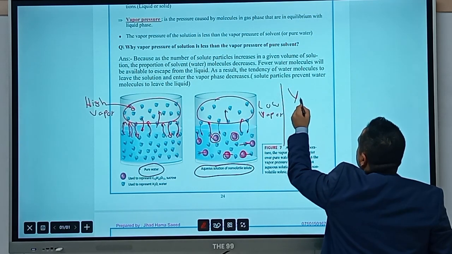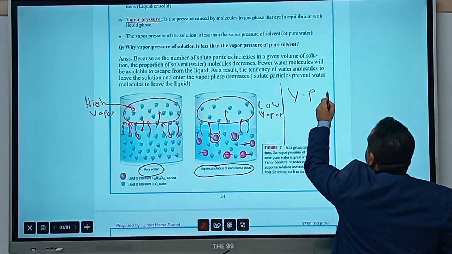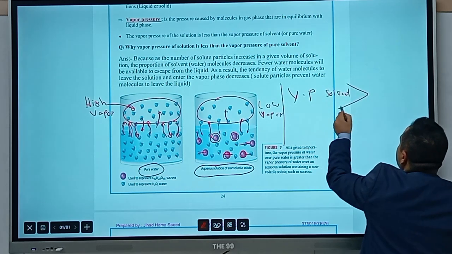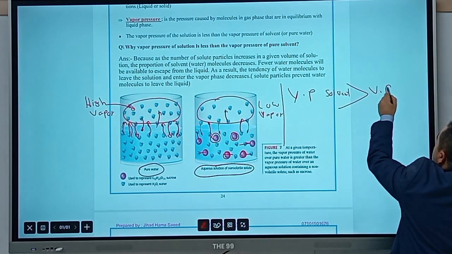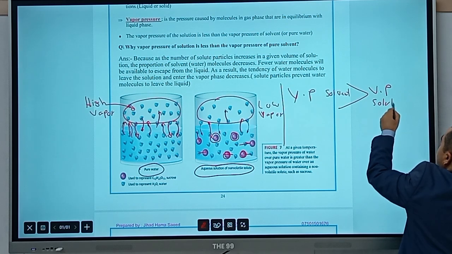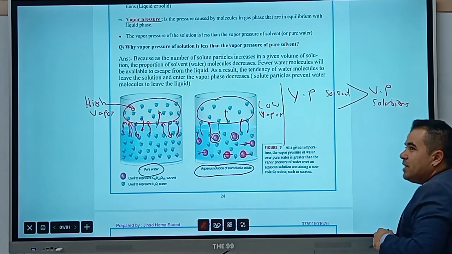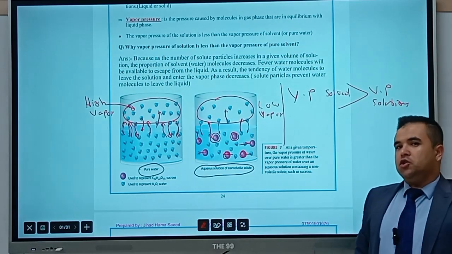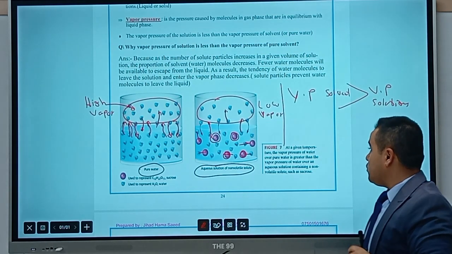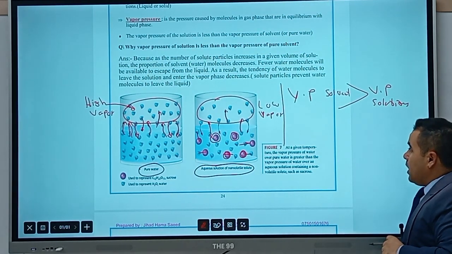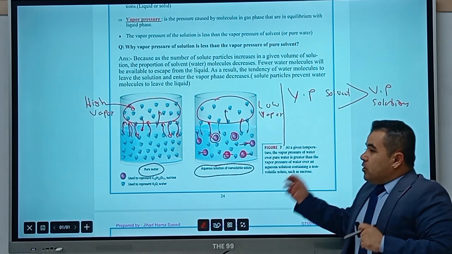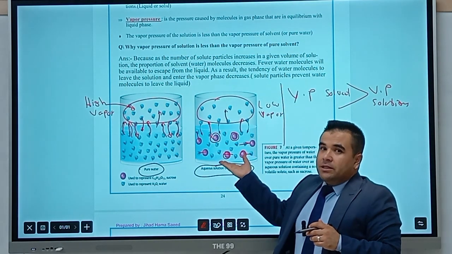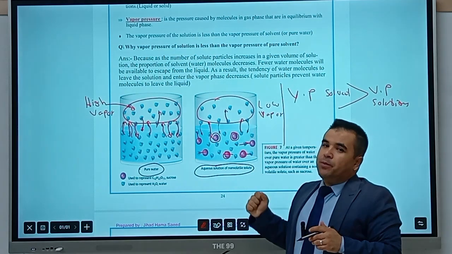So the vapor pressure of pure solvent is higher than the vapor pressure of solutions, regardless of the type of the solute, guys, whether it's non-electrolyte, electrolyte, or any solutes. So we have concluded that as we add more molality, that lowers the vapor pressure more.